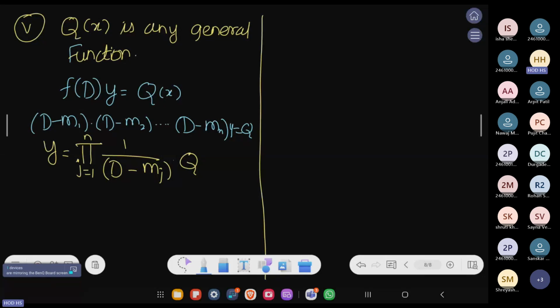We try to go for partial fraction. So by partial fraction, will I be able to write down, say, j going from 1 to n, with some coefficients aj corresponding to them times 1 upon d minus mj of q of x? Again, yes, if my roots are distinct.